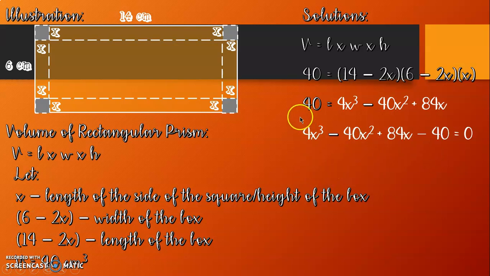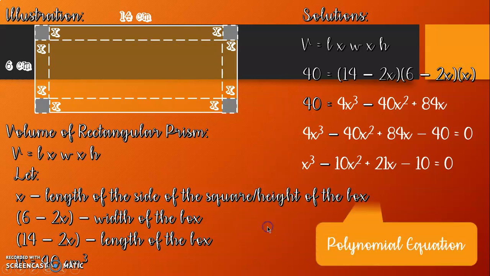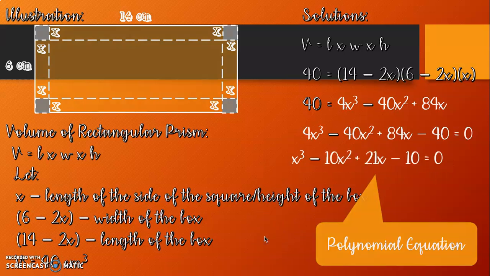Then, simplify this to lowest terms. In the simplest form, that will become x cubed minus 10x squared plus 21x minus 10 equals 0. Then, our working polynomial equation is x cubed minus 10x squared plus 21x minus 10 equals 0.